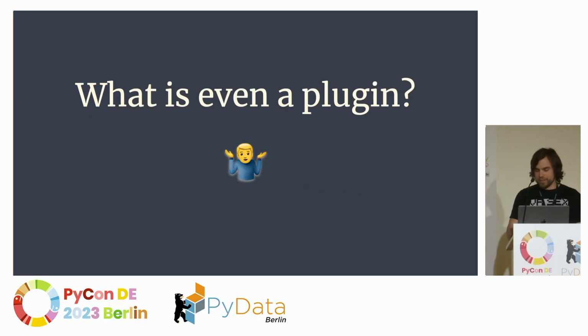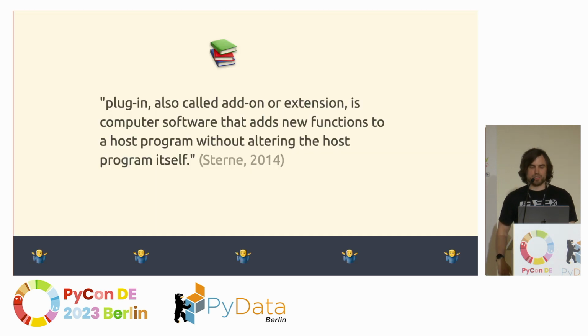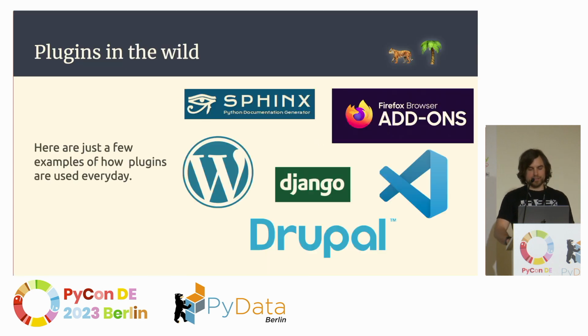All right, so first question, what is even a plugin? Let's take a look at a textbook definition. A plugin, also called an add-on or extension, is computer software that adds new functions to a host program without altering the host program itself. And let's look at some examples of this in the wild.